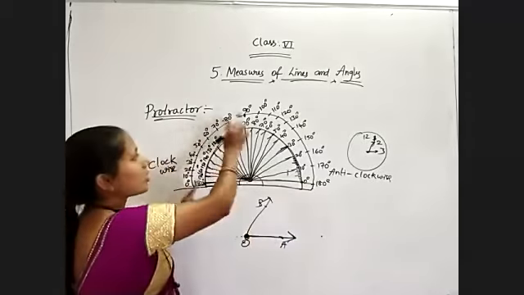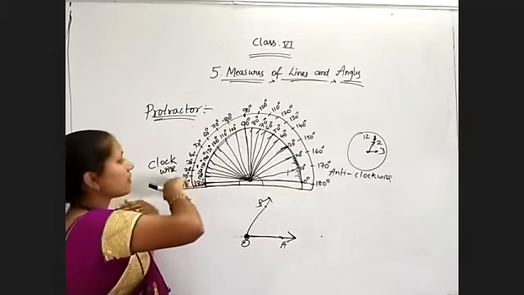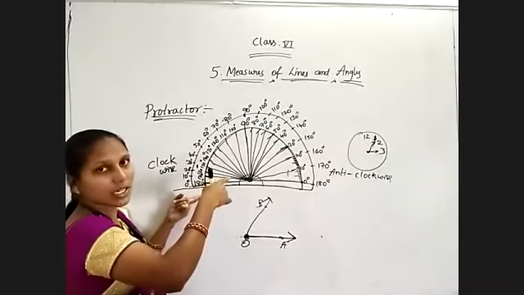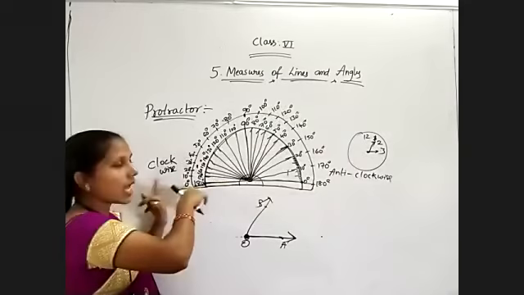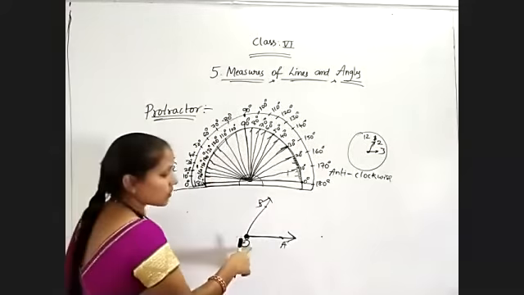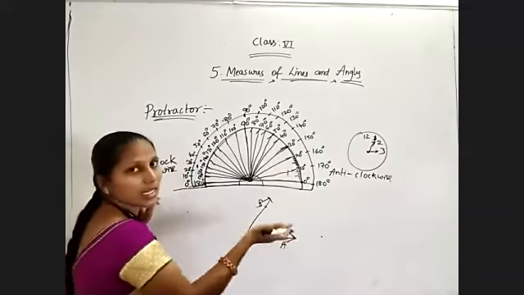And these upper values, while we are placing the protractor at the left side, that means if the arm is rotating in clockwise rotation, in that case we must use the upper values to find out the angle. Now observe, for this angle, OA is spreading to the right side.